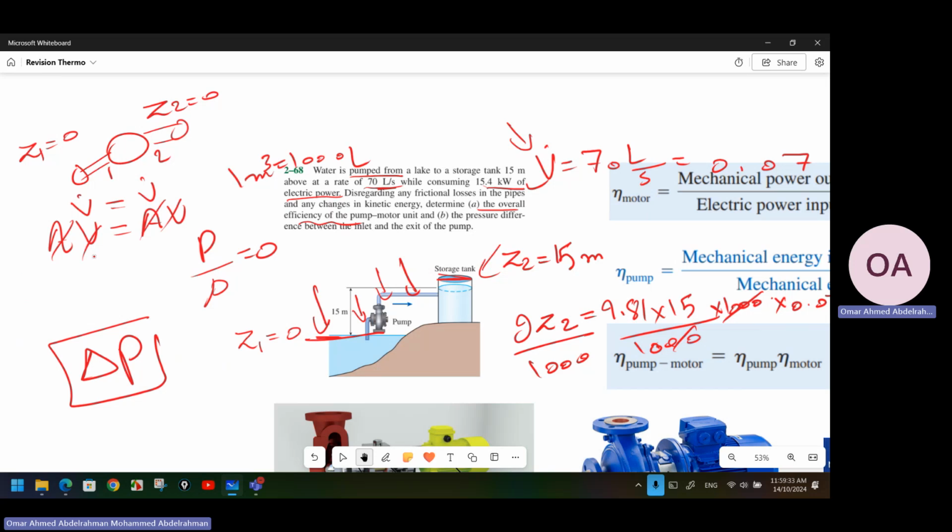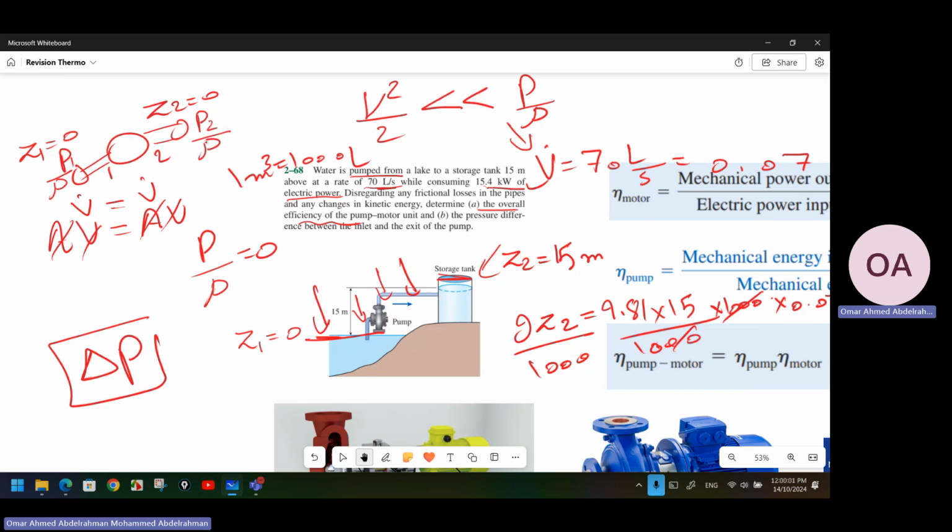Even if they have kinetic energy, V squared over 2, it is very small compared to the flow work. So I will have only the flow work at the inlet and the outlet: P1 over rho and P2 over rho.